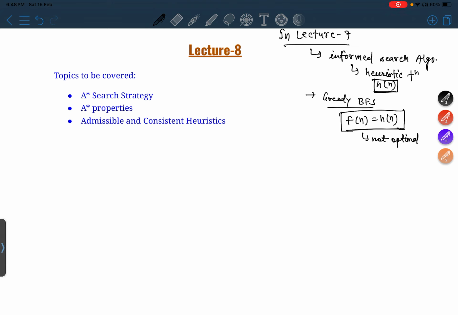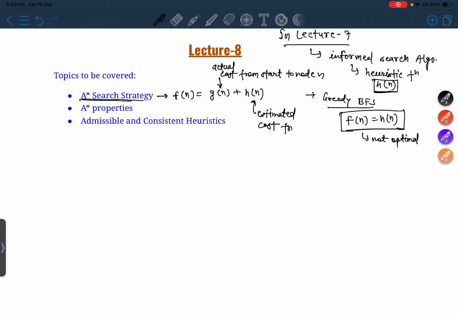In this lecture 8, we'll talk about the A star search algorithm. As we briefly discussed in the last lecture, A star uses f of n equal to g of n plus h of n, where g of n is the actual cost from the start to node n, and h of n is the estimated cost from n to the goal.